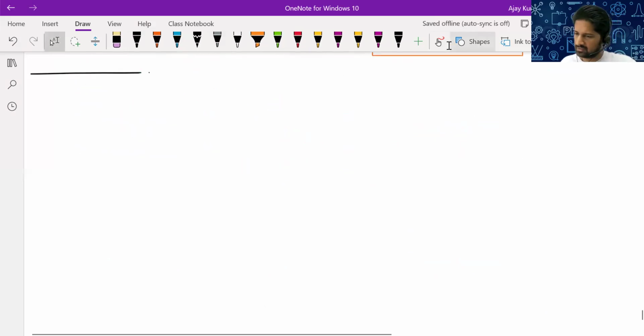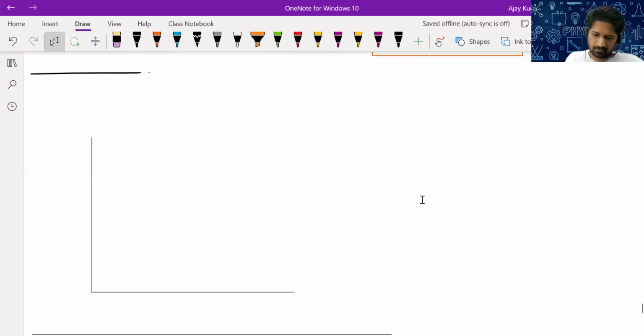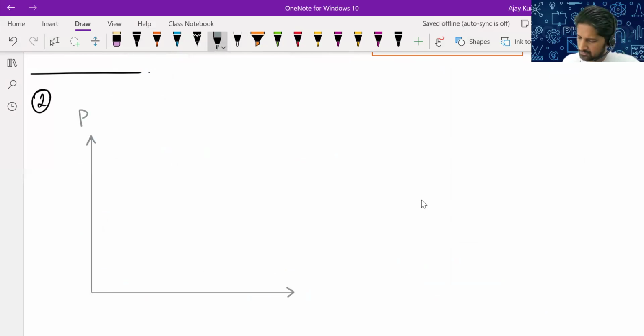Next, suppose you are given the PV graph of an isobaric process. In fact, from the graph itself, you should be able to identify what kind of process it is. So assume the pressure here is some 2 P naught.